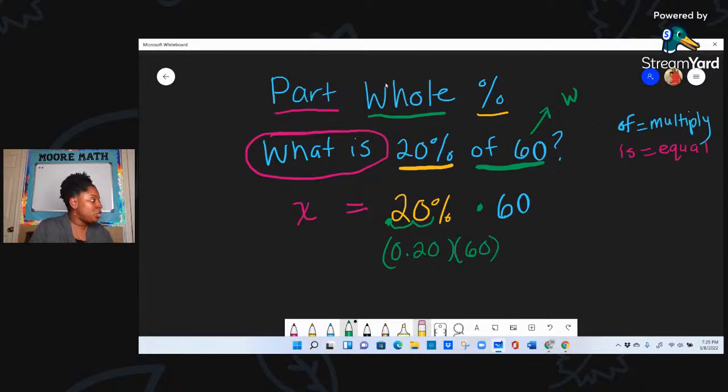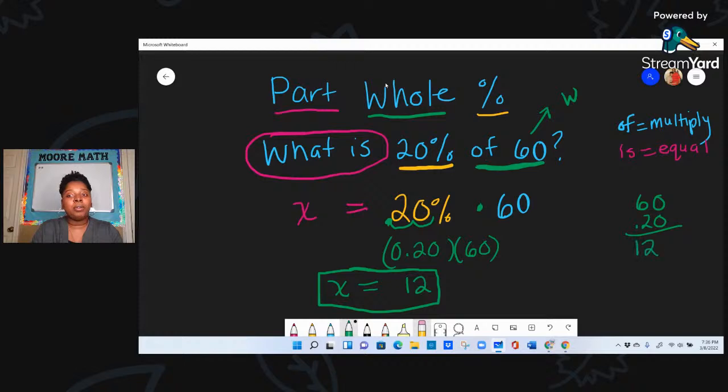Okay, do 6 times 2, add 2 zeros. There should be 2 decimals, 2 numbers after the decimal, and x equals 12. Okay, so go ahead. Most teachers let you use a calculator for this part, but if they don't, again, you're just doing 6 times 2, which is 12, and add those 2 zeros.